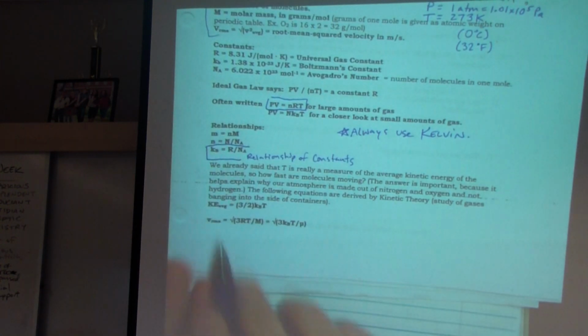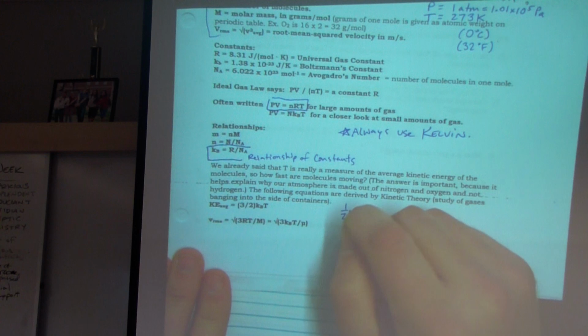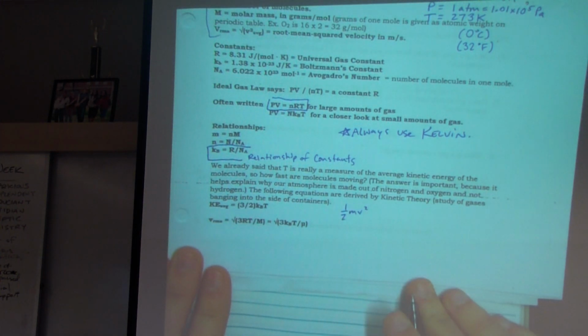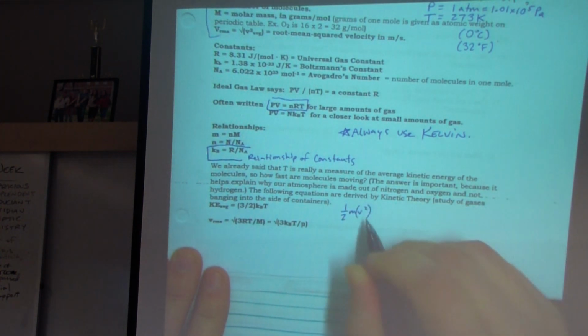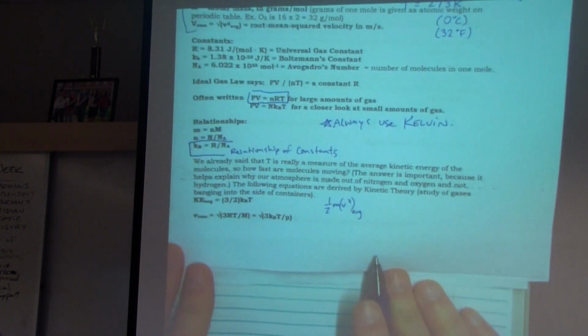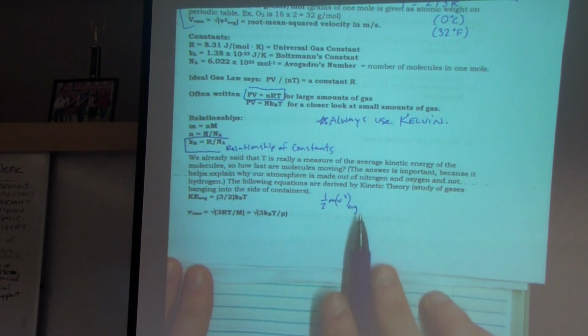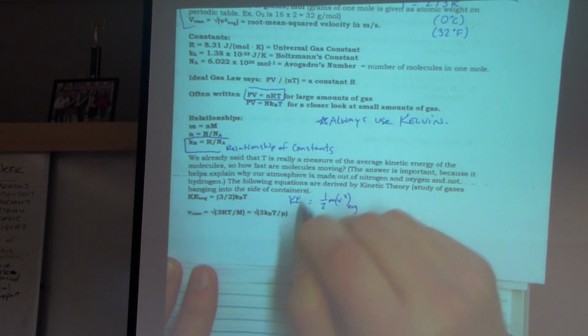If you take this and replace average kinetic energy with what it actually equals, 1/2 mv squared, we're taking the average of the v squared values. We're taking all the squared velocities of every single molecule, and then averaging them.